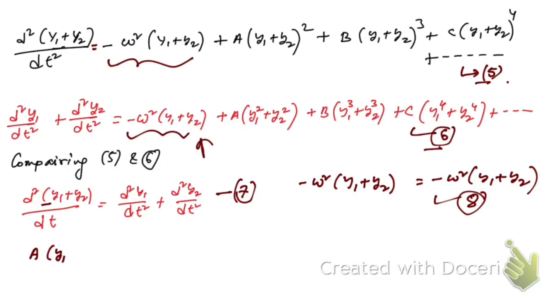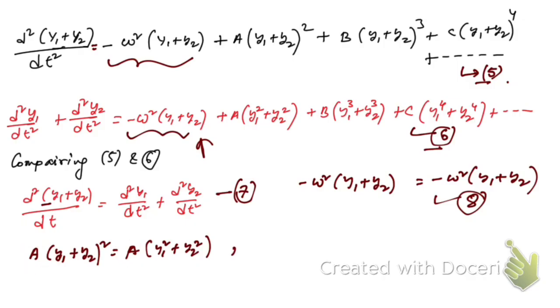Comparing these two equations, we have got a(y1 plus y2) whole square should be equal to a(y1 square plus y2 square). But this is possible only when a is equal to 0, right? Because (y1 plus y2) whole square cannot be equal to y1 square plus y2 square, and for both sides to be equal, this a must be equal to 0, right?